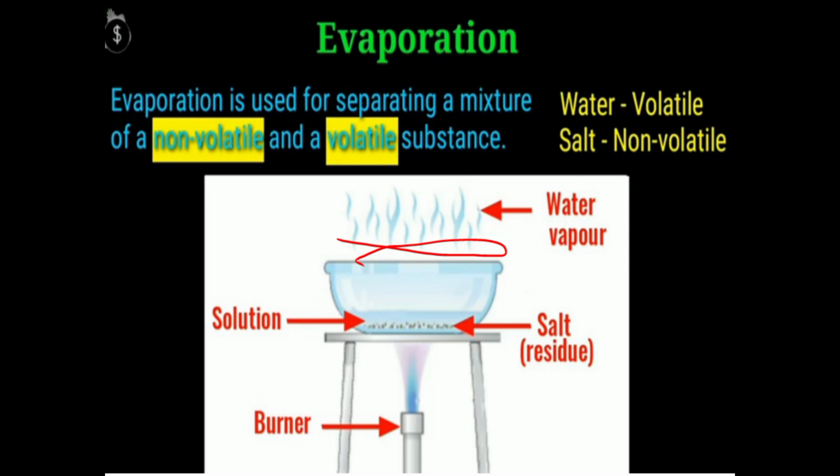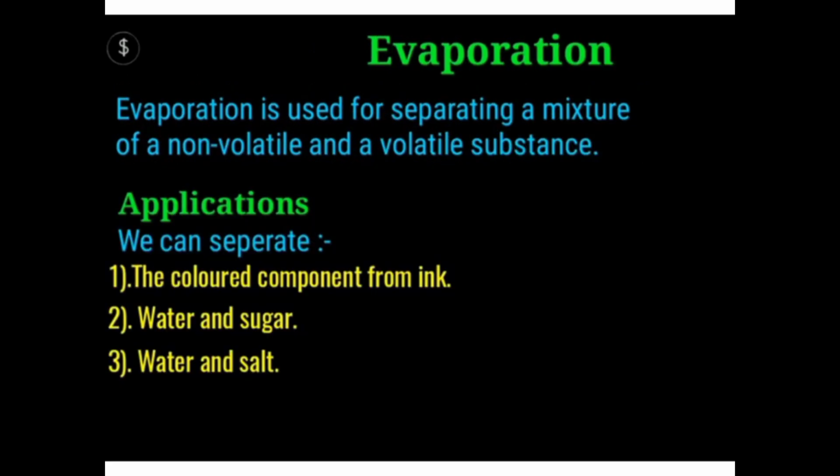We will observe that the salt residue will be left and the water will move into the atmosphere in the form of water vapor. The water moves into the air and the salt residue is left inside the beaker. So this way we can separate salt from water through the process of evaporation.